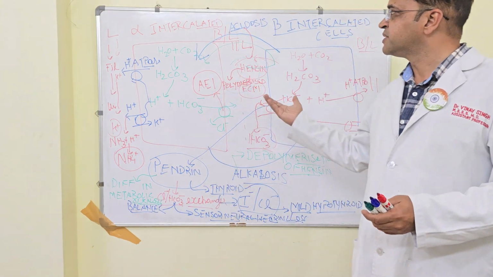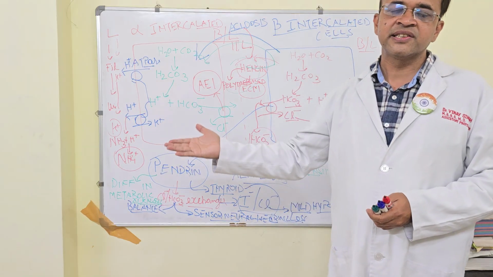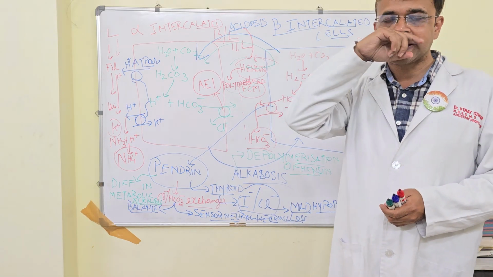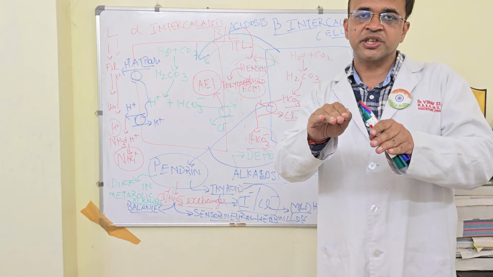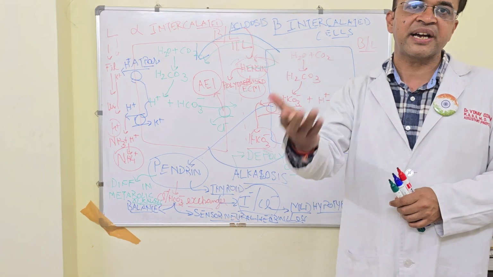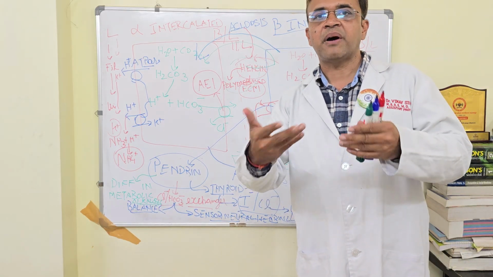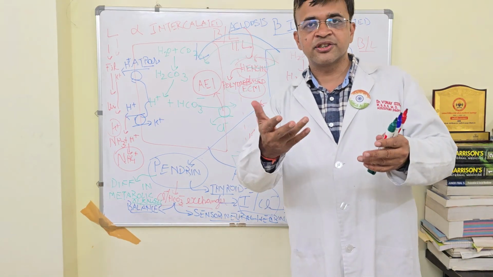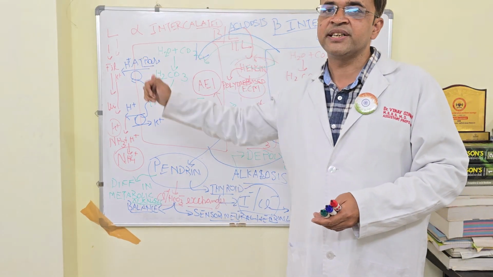So let's sum it up. In our collecting duct, we have two kinds of cells, alpha intercalated cells and beta intercalated cells. Both of them do the opposite job compared to each other. Alpha intercalated cells are secreting your H plus ions and beta intercalated cells are secreting your bicarbonate ions. In case of acidosis, your beta intercalated cells get converted into alpha intercalated cells.